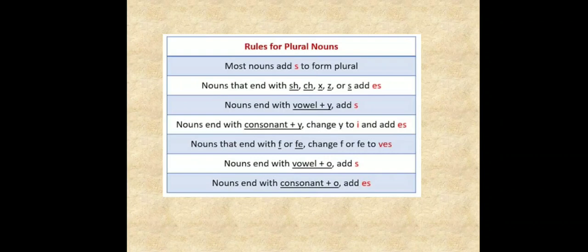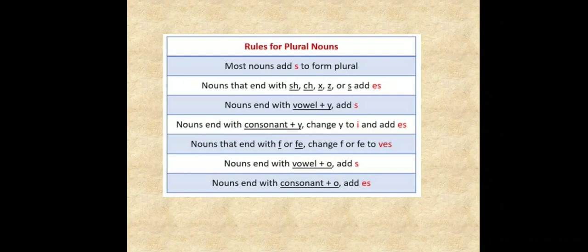Next, we have consonant plus Y. We saw vowel plus Y, now we have consonant plus Y. For example, army, baby, cry. In cry, C-R-Y, R is the consonant and then we have Y. So that Y changes to I and then we add ES.